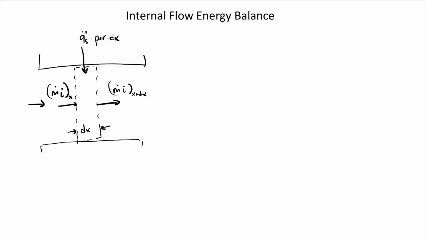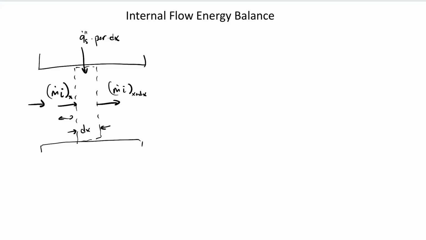Let's also assume this is incompressible. Let's also assume there's no significant heat conduction in the axial direction, from one control volume to the next. It's just heat that's being added. All those are usually really good assumptions, and for most flows we don't have to think about those things.